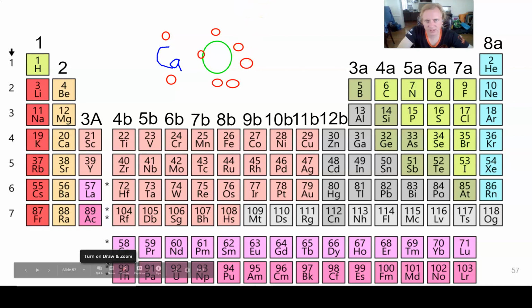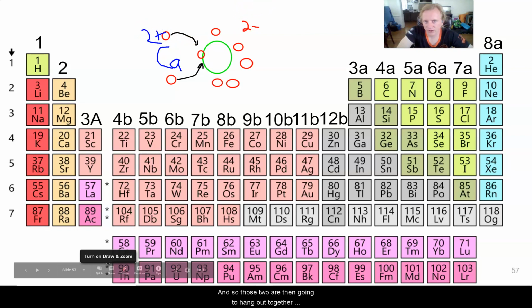What's going to happen is oxygen is going to steal both of these electrons. What happens to oxygen's charge when it steals 2 electrons? It gets a 2 minus, right? And calcium over here gets a 2 plus.